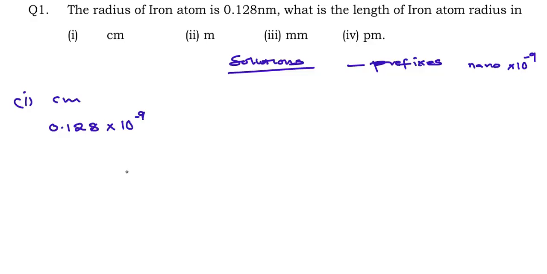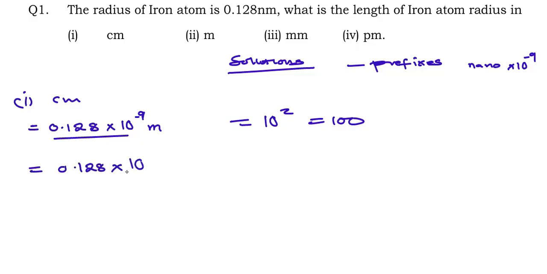By so doing, we have converted this into meters. Now, how can we convert meters to centimeters? To convert meters to centimeters, we multiply by 100, we all know, and 100 can be written as 10 to the power 2. It's one and the same. So we multiply this by 100: 0.128 times 10 to the power -9 multiplied by 10 to the power 2.